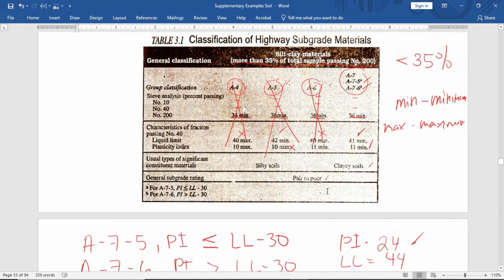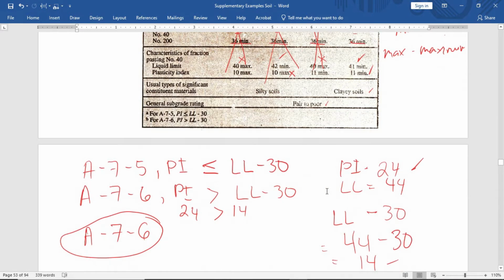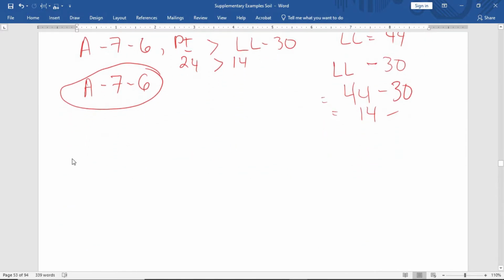However, meron pa yung kasunod. We also determine the group index. Ano naman ang formula para sa group index or GI?